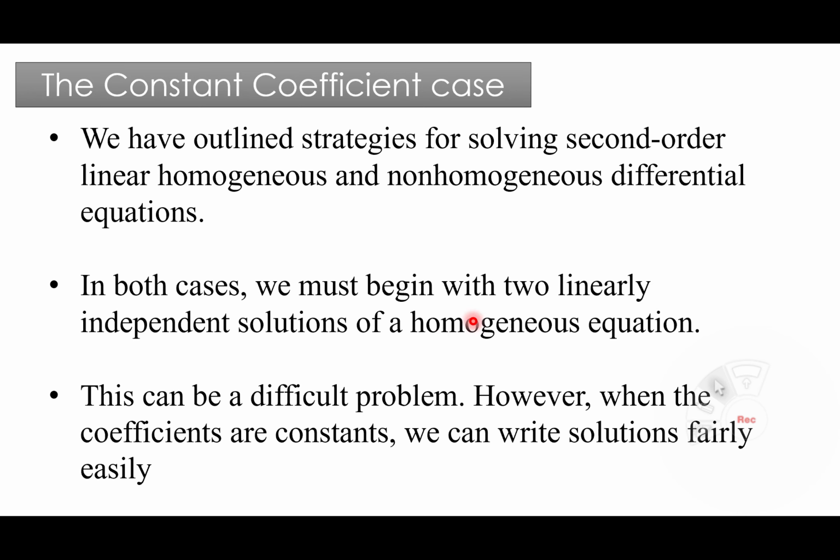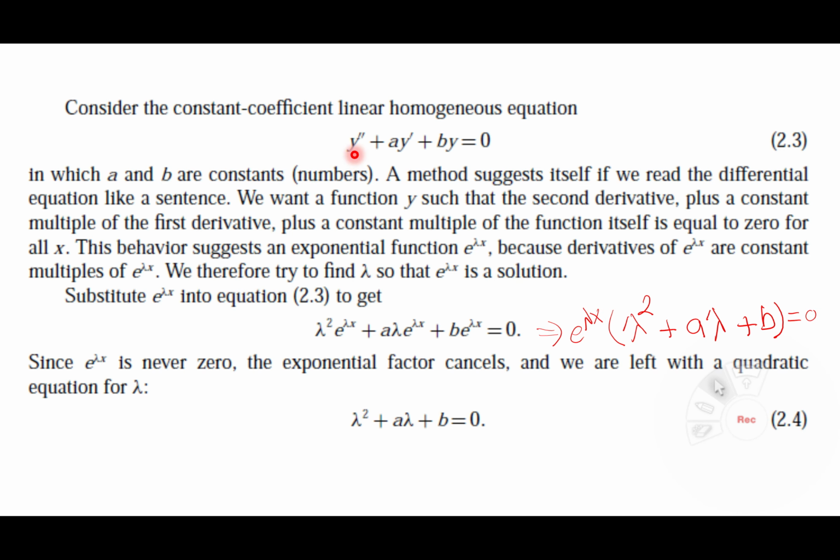Okay, so how can we find these two linearly independent solutions? We found that if our differential equation looks like this equation, we are going to assume a solution called e to lambda x, and we substituted here.